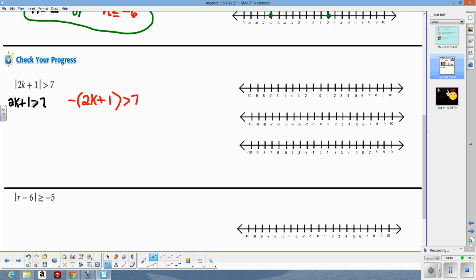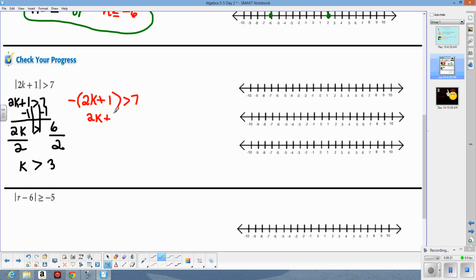So if we go back to case 1, you would solve that by subtracting 1 from both sides. 2k is greater than 6. Divide both sides by 2. K is greater than 3. The second case, we'd multiply both sides by -1, which would make this positive 2k plus 1.